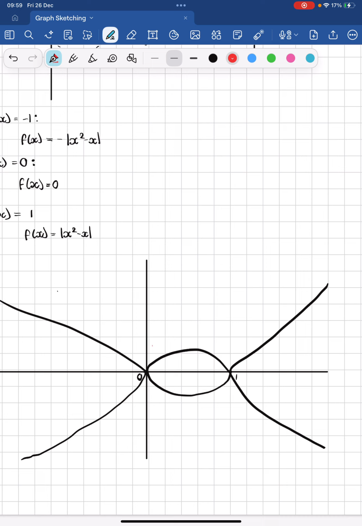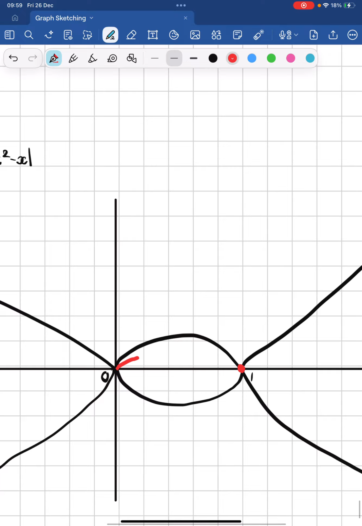However, it's increasing towards 1, meaning it's a fraction, like for example 0.1, 0.2, 0.5. So we know it will be less than this graph. And then obviously when we get to mod x squared minus x equal to 0, our graph will just be at 0.